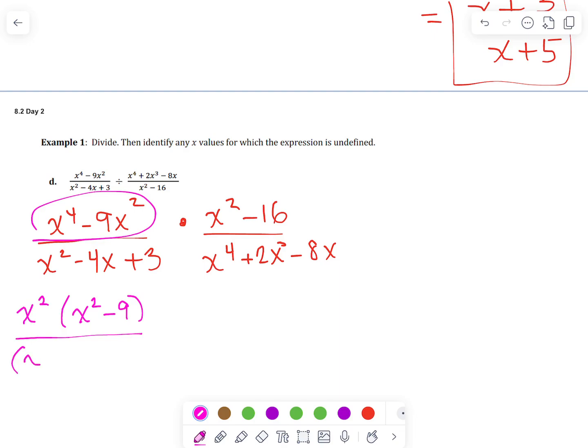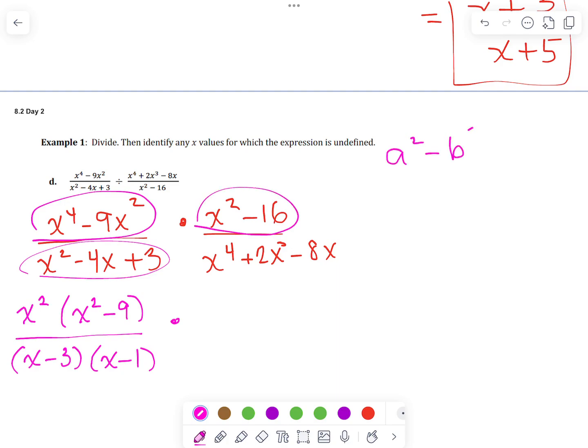And that is -3 and -1. We did that one. All right, now up here, this is the difference of two squares. So a squared minus b squared can be factored as a plus b times the quantity a minus b. So we have x plus 4 and x minus 4.